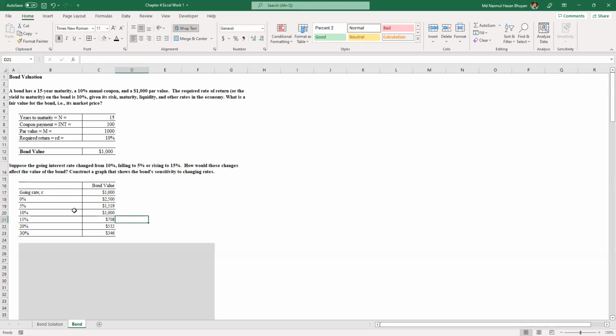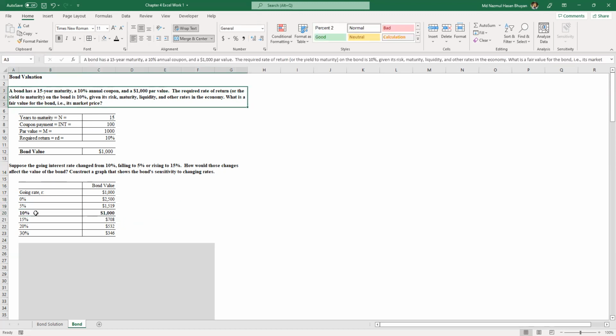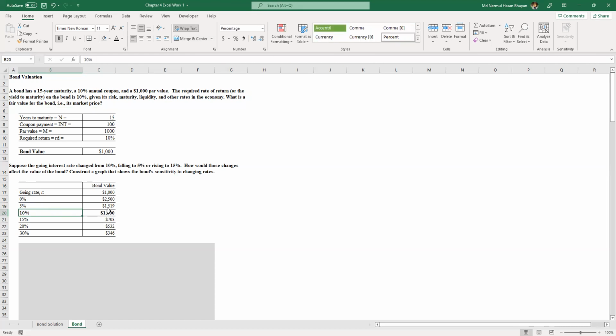Okay. Now, one interesting factor here is you can see, whenever coupon rate and the market interest rate are equal, then the face value of the bond is equal to the market value of the bond. Here, market value of the bond is $1,000, and then face value of the bond is $1,000.